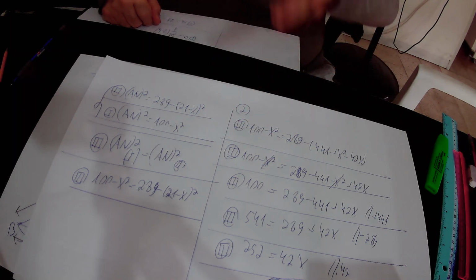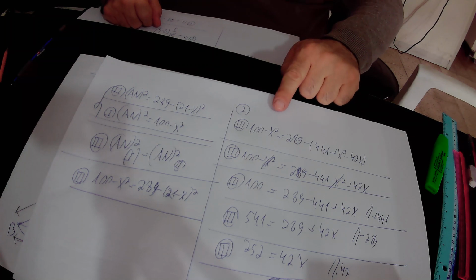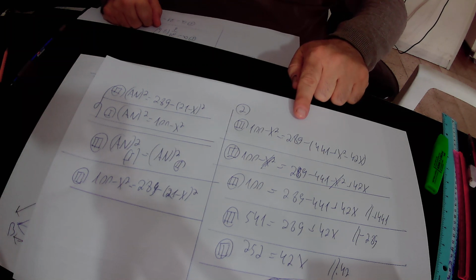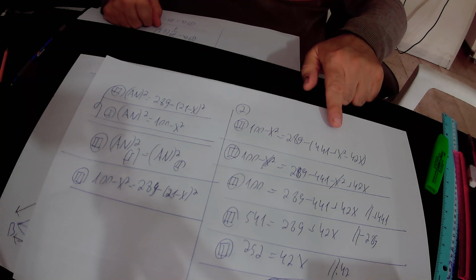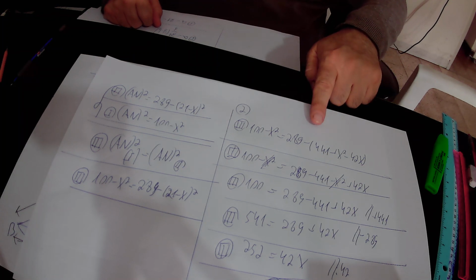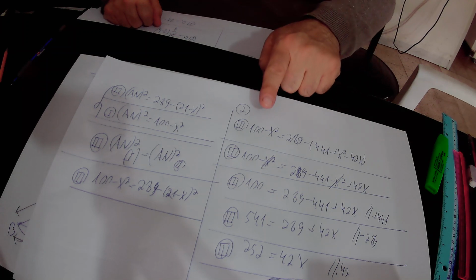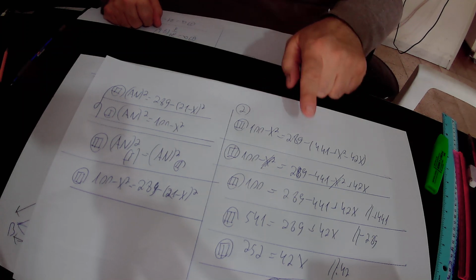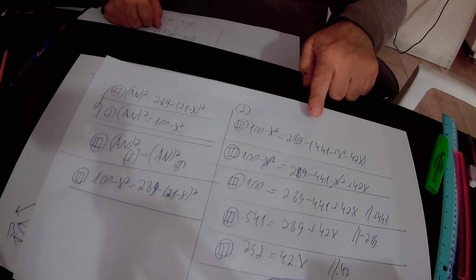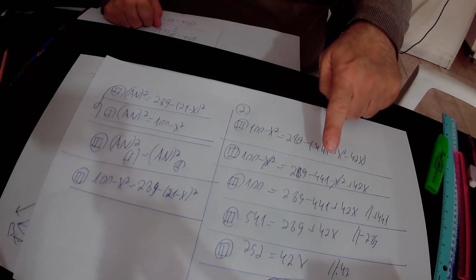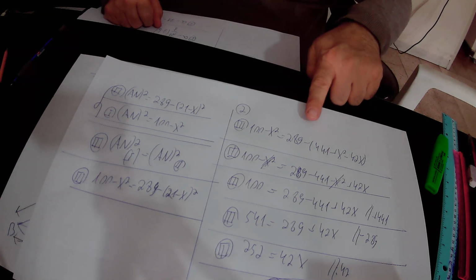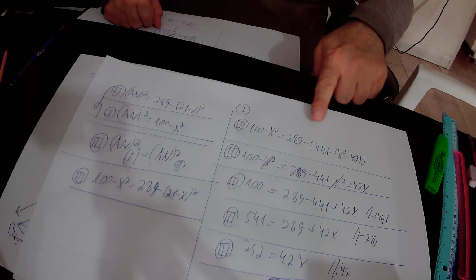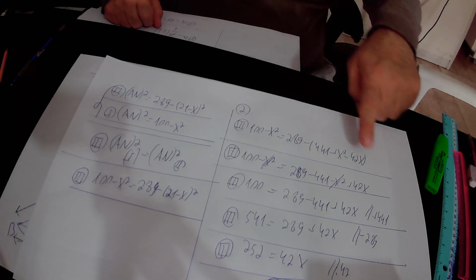So according to equation 3, 100 minus x squared equals 289 minus, inside the brackets, 441 plus x squared minus 42x. Here we open the brackets and find that 100 minus x squared equals 289, and after we open the brackets, this expression equals minus 152 minus x squared, and here minus times minus is plus, so minus 42x becomes plus 42x.